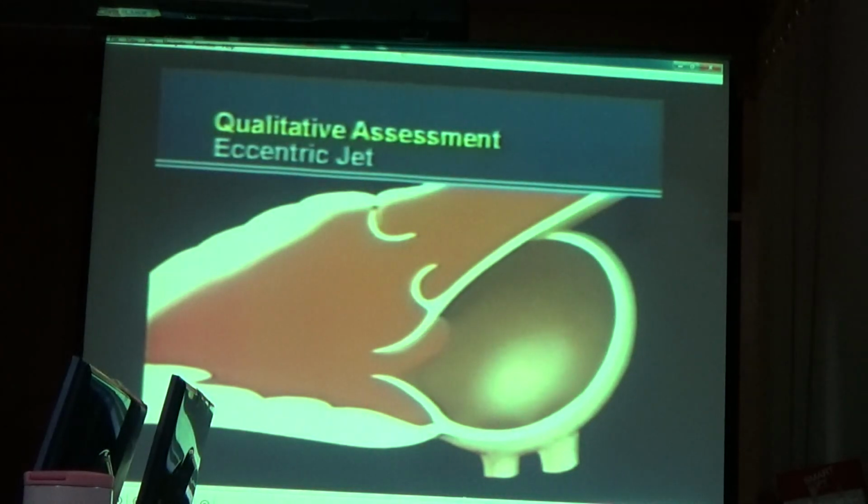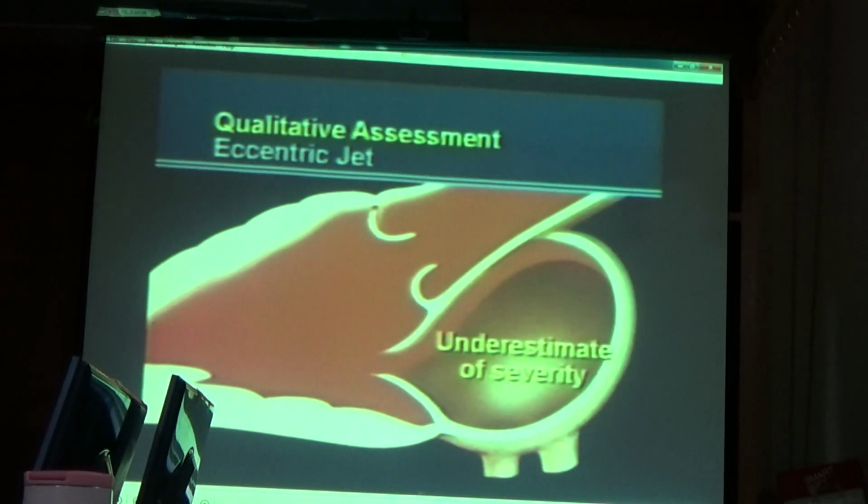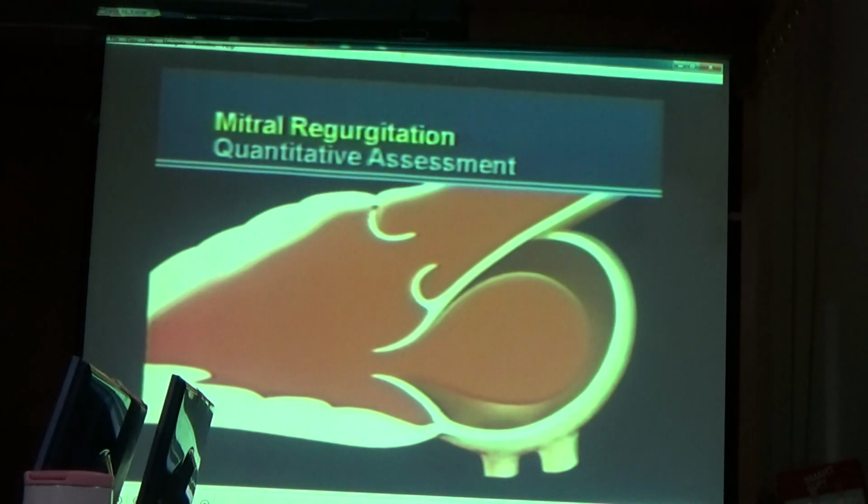Conversely, if you have an eccentric jet, as shown here, because the jet is laminated against the wall, you will tend to systematically underestimate severity. So if you have a patient who has either an eccentric jet or has a large distribution of contrast in the left atrium, you should use quantitative techniques. And this is where this part of the discussion will go.